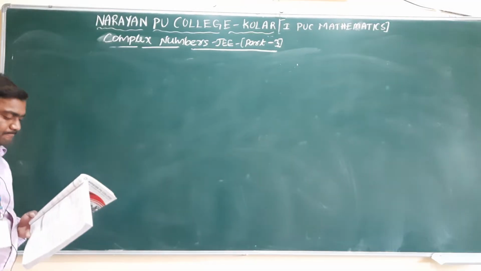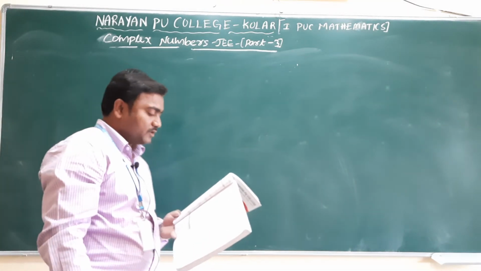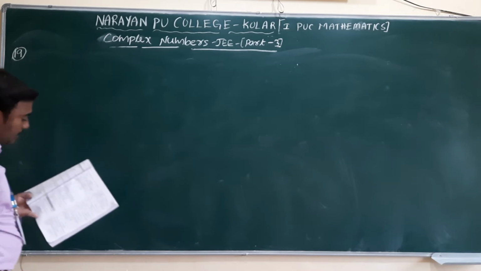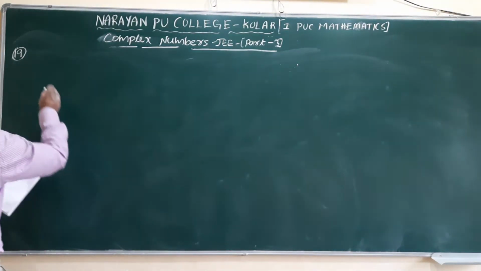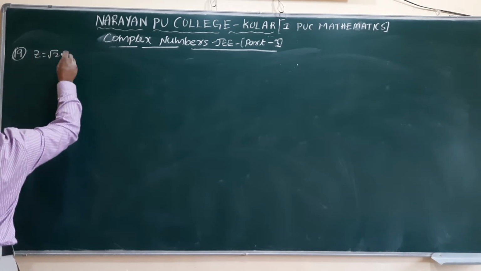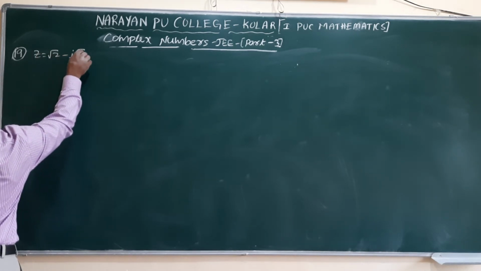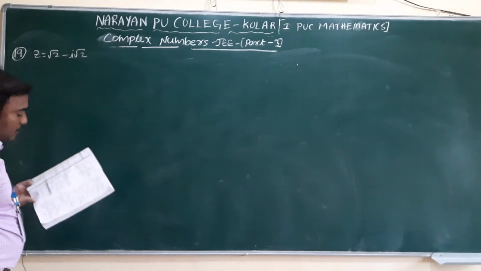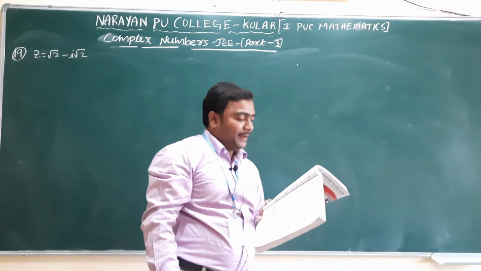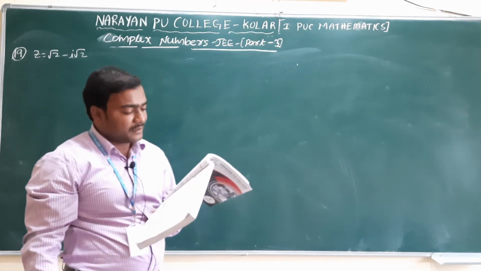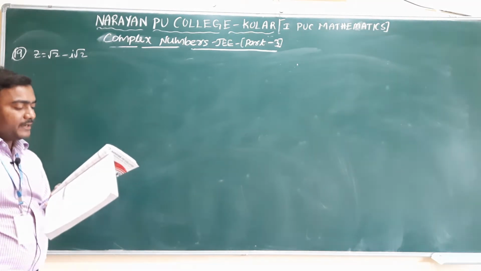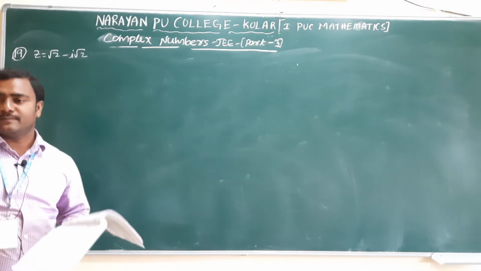Option B. Next question, question number 19. If z is equal to square root of 2 minus i root 2 is rotated through an angle 45 degrees in the anti-clockwise direction about the origin, then the coordinates of the new position are.